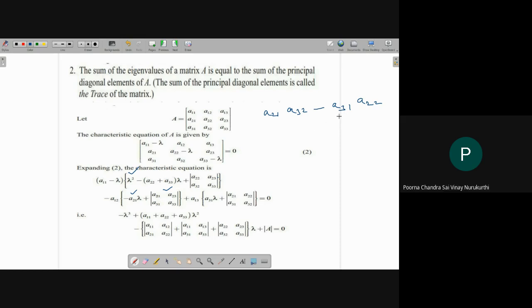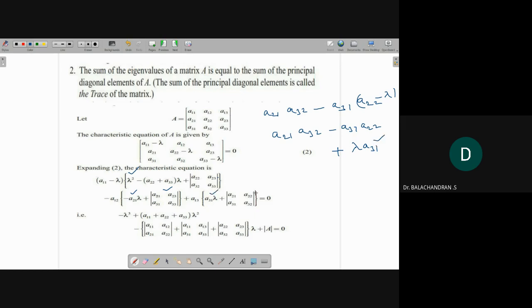This is A21, A32 minus A31, A22 plus A31 lambda. So you can see here A13 is common. Inside the bracket you can see A31 lambda.